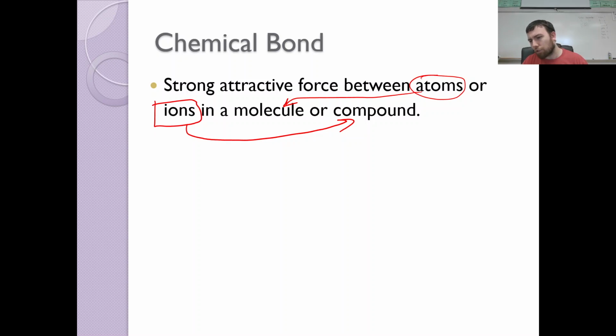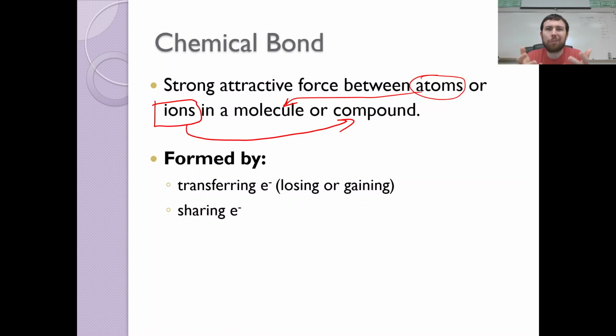And like I said, it's a strong attractive force. This isn't like the idea of liking someone. It's the idea that there are forces working together that cause two substances to get closer together. Think of it like a magnet. When you have opposite ends of a magnet, they want to get closer to each other. Bring them close enough and they move on their own and come together. The same thing happens in chemical bonding.